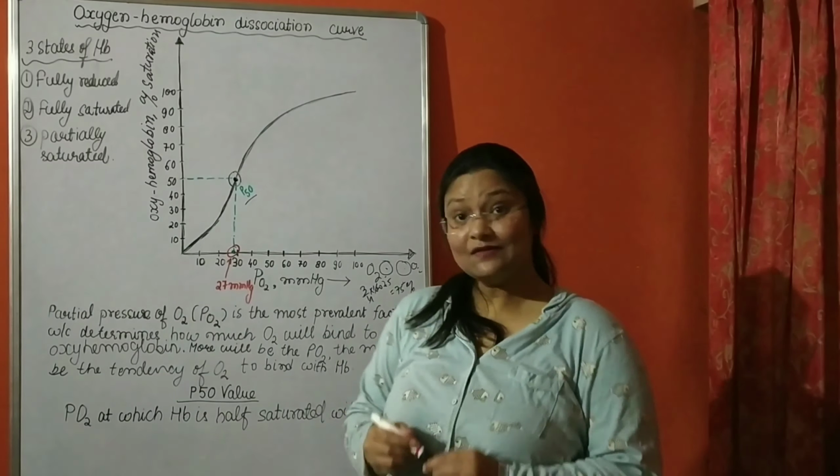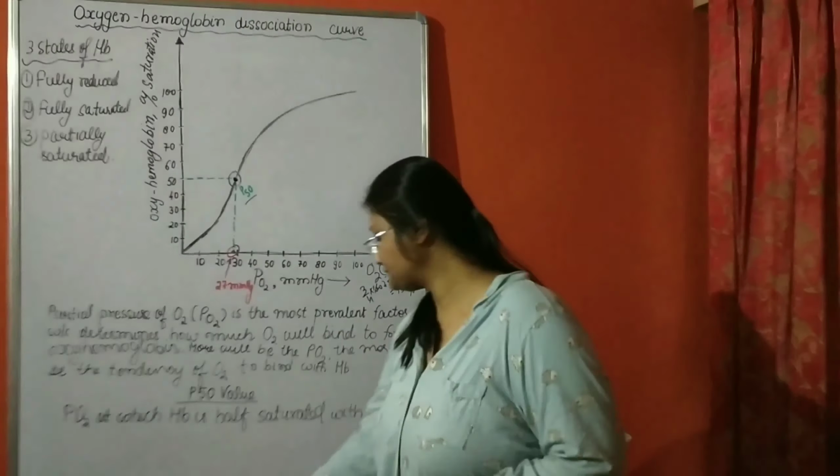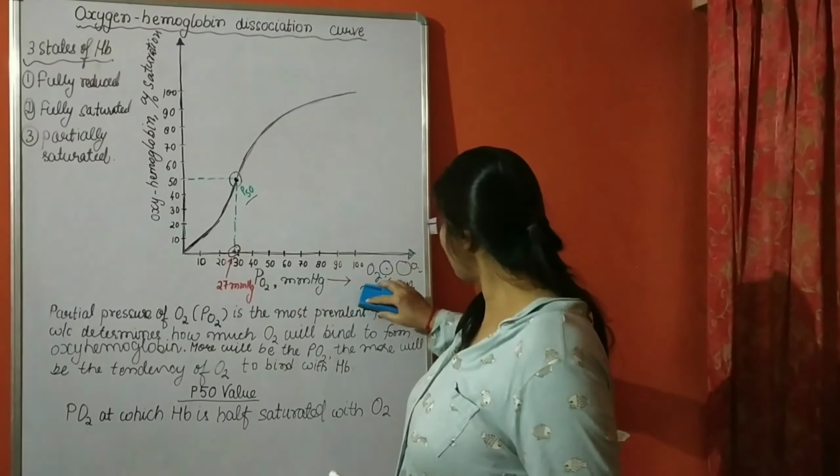Similarly, when only one oxygen binding site of hemoglobin is bound with oxygen and 3 are not bound, it is 25% saturated, because one site out of the 4 is occupied by oxygen.